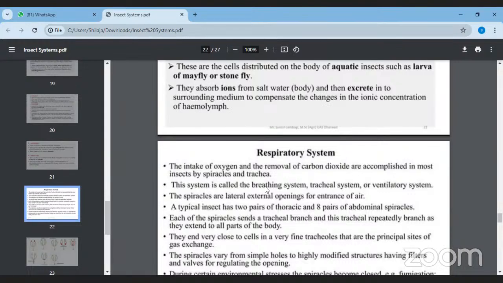The respiratory siphon we discussed yesterday. When we discuss aquatic insects, such as the larvae of mosquitoes, the siphon is present.